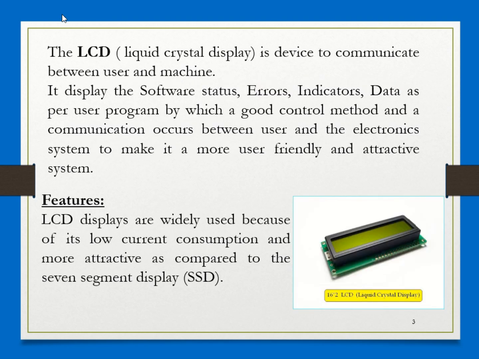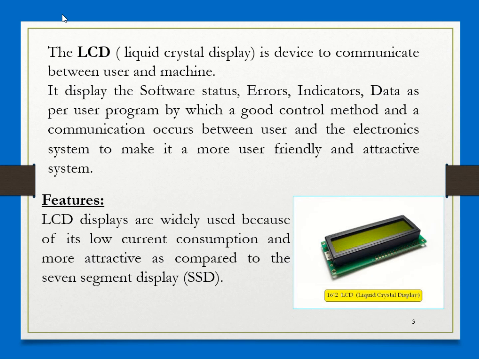So we know that in most of the applications we might have seen, or in a simple multimeter as well, we have seen this LCD display, and we have seen it in many applications.